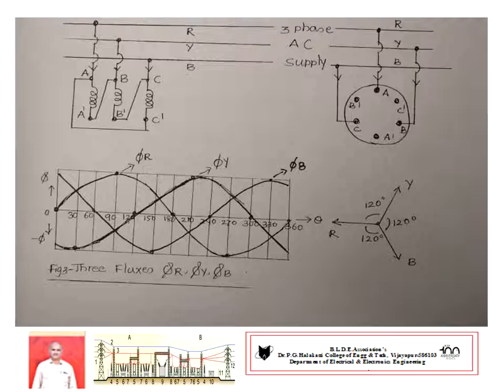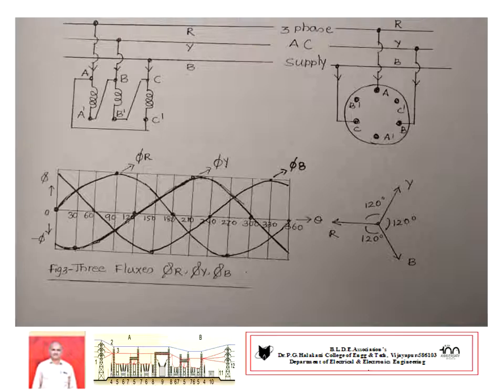So, this will draw three stator currents IR, IY, IB. These three stator currents will produce the fluxes phi r, phi y, phi b which have a phase difference of 120 degrees. And one more side diagram shows RYB, that is the fluxes phi r, phi y, phi b. All these fluxes have been placed with a phase difference of 120 degrees.